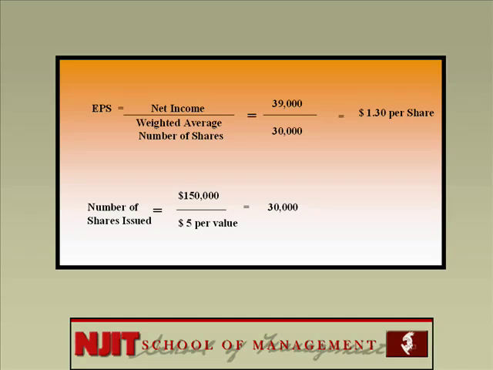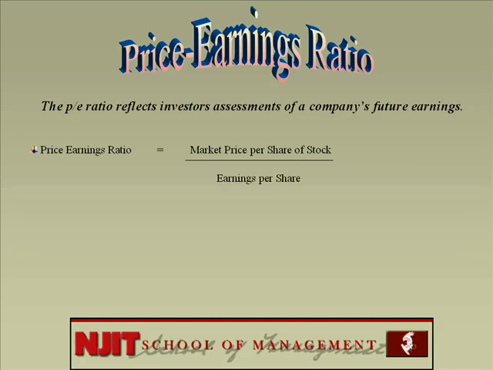The next ratio is the price earnings or PE ratio. The price earnings ratio is a much quoted measure of the ratio of the market price of each share of common stock to the earnings per share.